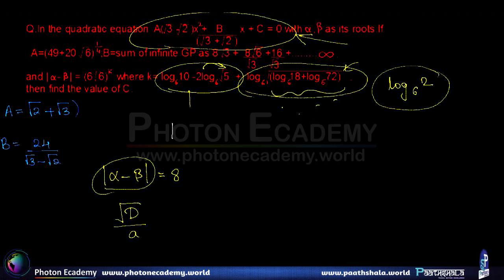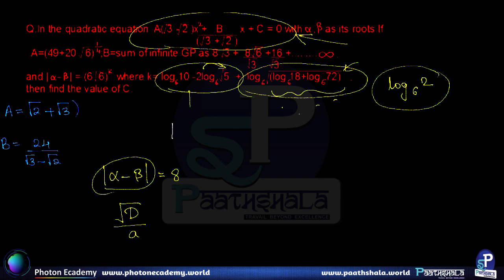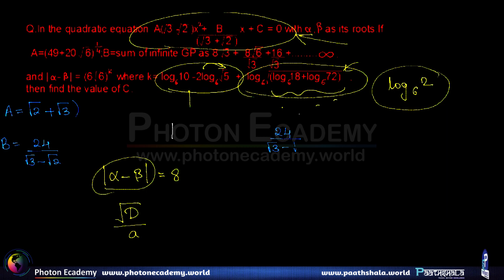So we are applying that in this equation. Substituting the values of a and b, the coefficient of x square will be root 2 plus root 3 times root 3 minus root 2. So that will become 3 minus 2, so that is 1. The coefficient of x will be 24 upon root 3 minus root 2 into root 3 plus root 2.